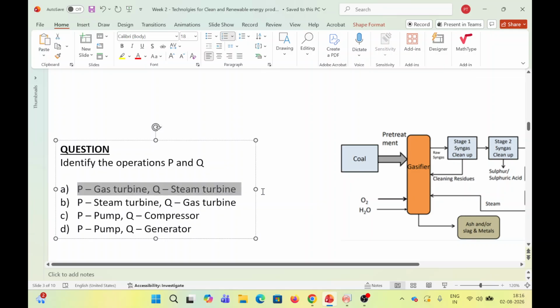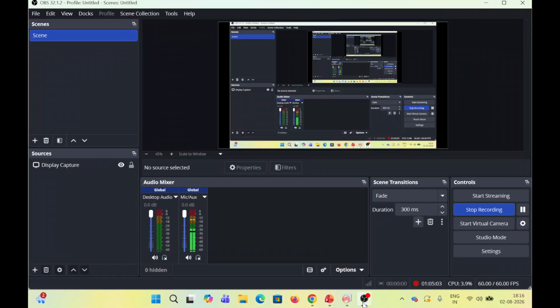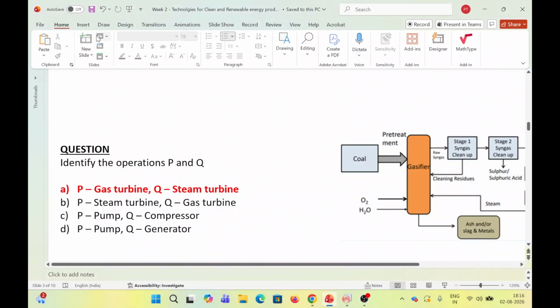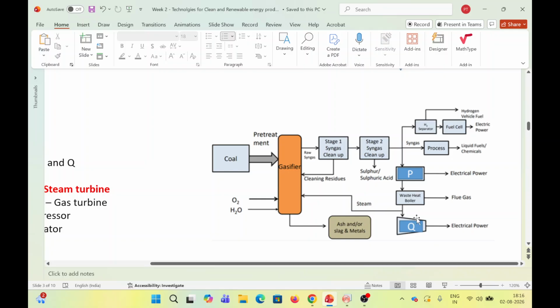Any other answers? One of you has said option A. P is gas turbine and Q is steam turbine.